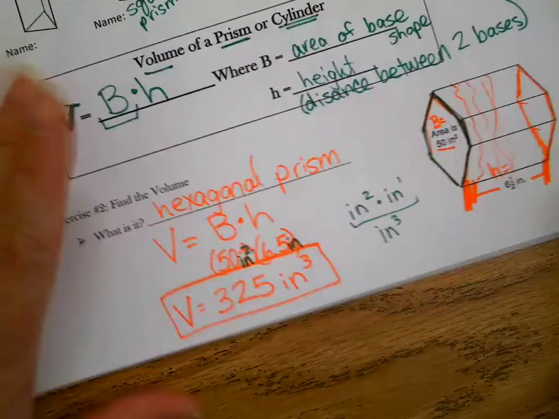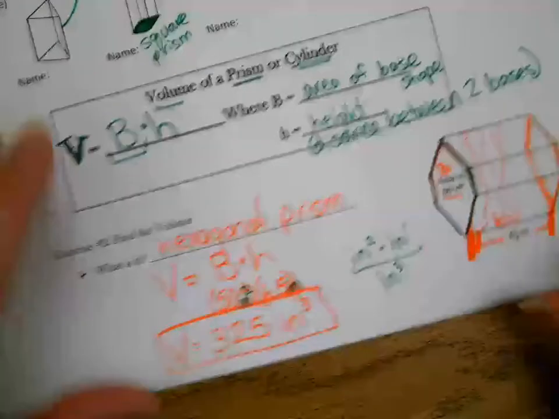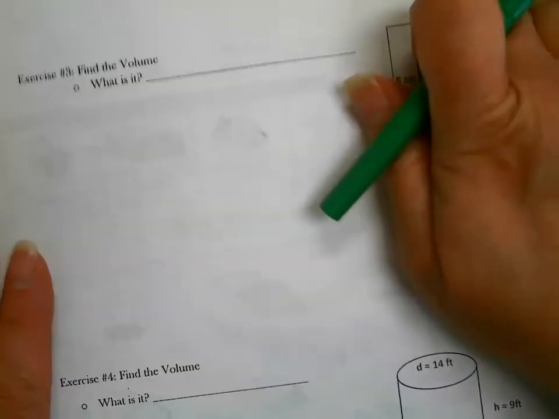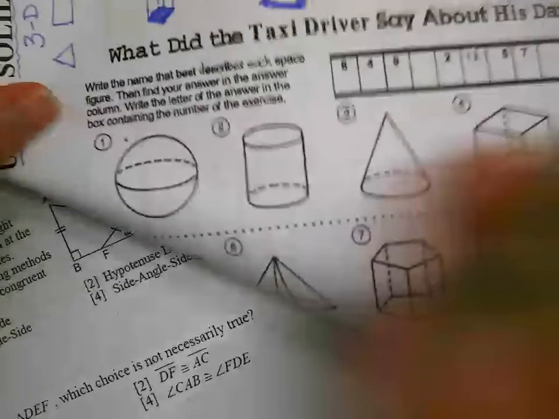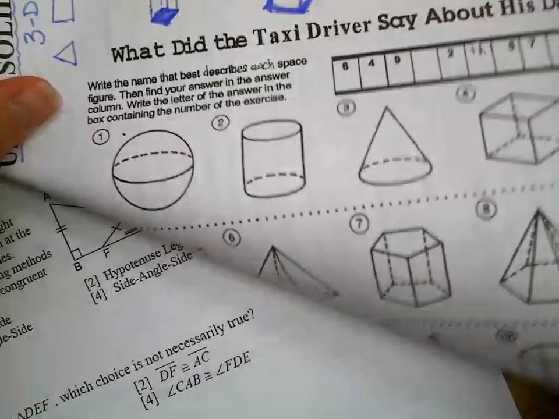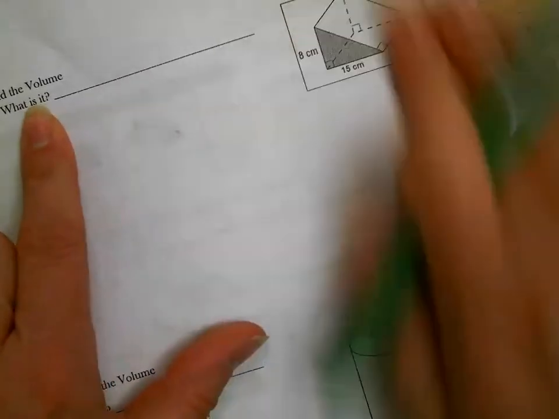All right. Moving on to two more examples quickly, and then you guys can get started on your classwork. Exercise 3, identifying what type of shape it is. So that first page, when you were finding what kind of prisms they are, hexagonal, triangular, and so on, is important because now you have to identify it in order to know what formulas to be using.